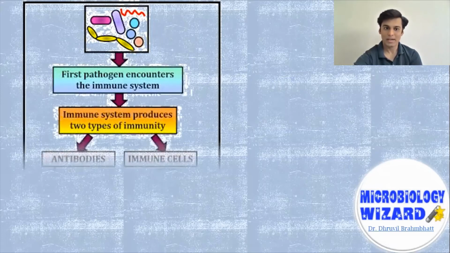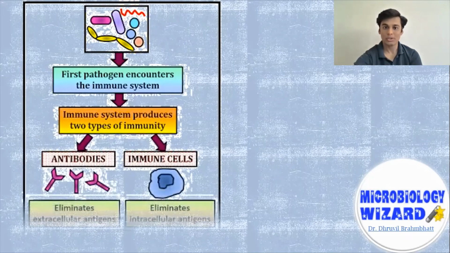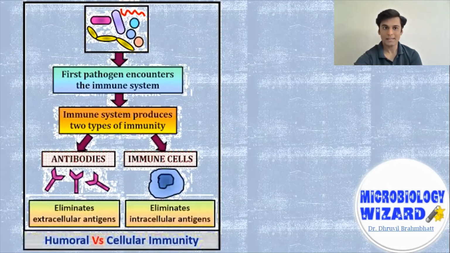When the pathogen enters the body, it has to counter your immune system. In that case, the immune system launches an attack on the pathogen to eliminate it. The immune system launches the attack by making antibodies, or the cells themselves engage to eliminate the pathogen.